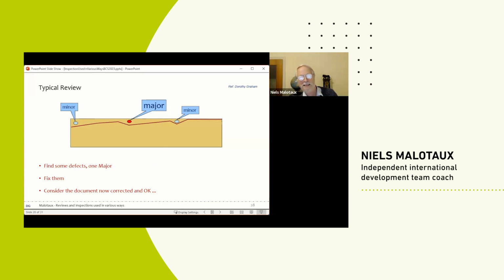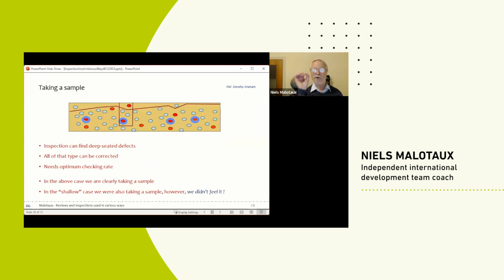But, she said, if we do not go quickly through all the pages, but deeply study just a sample of one or a few pages, we can, as she calls it, find the deep-seated defects. If we take this sample, we can find the deep-seated defects.